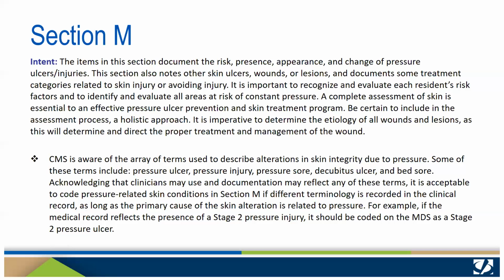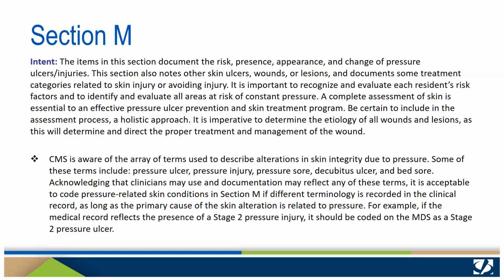So while we may call it one thing, and if it doesn't exactly say a pressure ulcer, if the intent is still related to pressure, no matter what the clinician calls it or our documentation calls it, it's still a pressure ulcer.